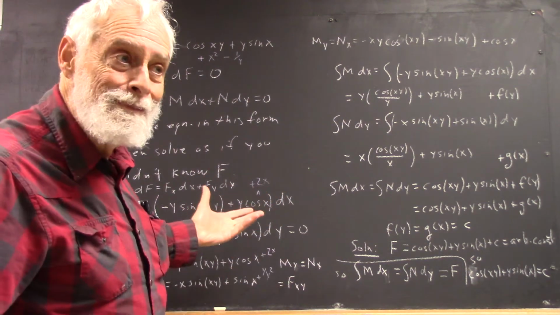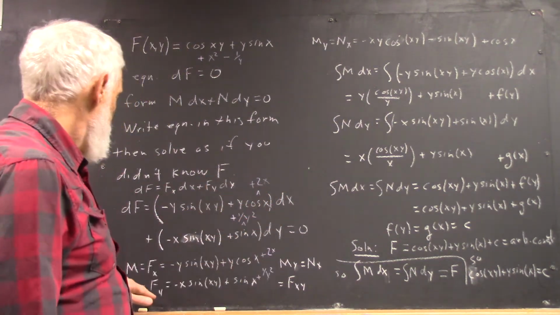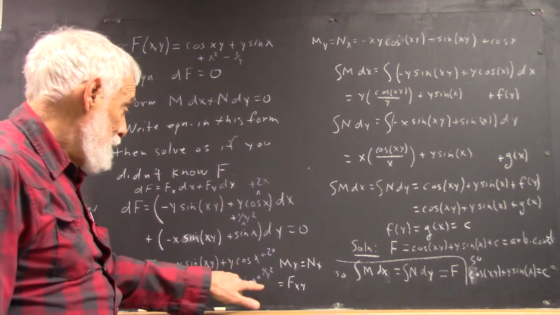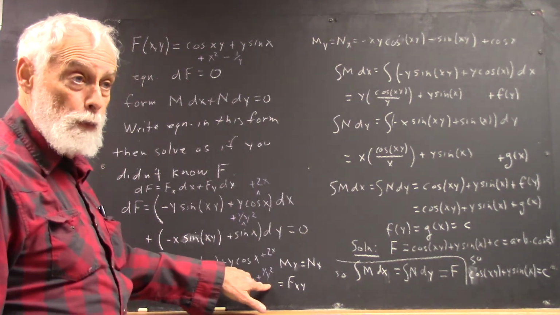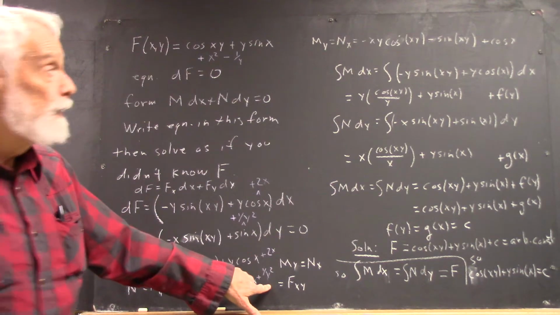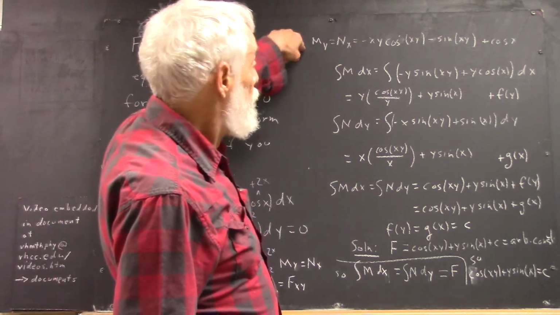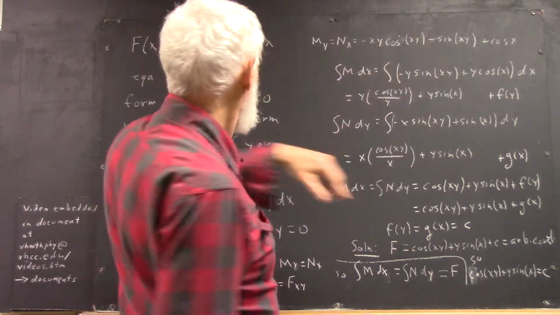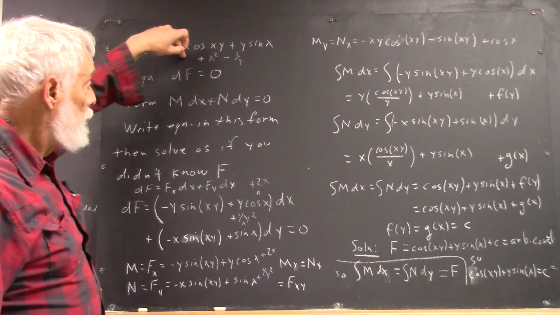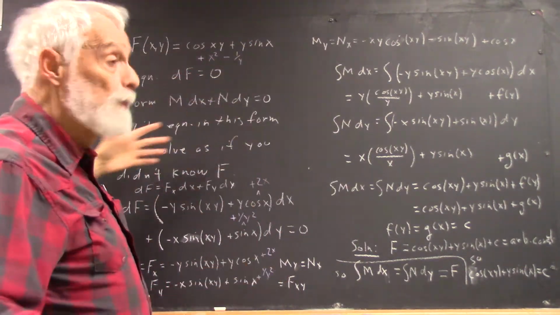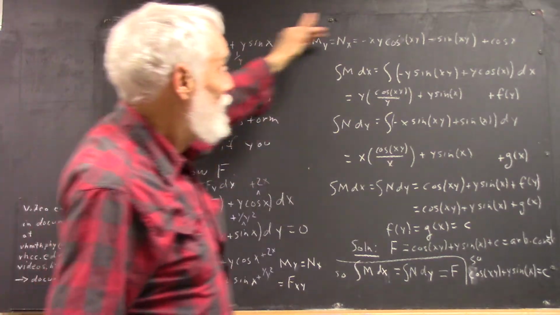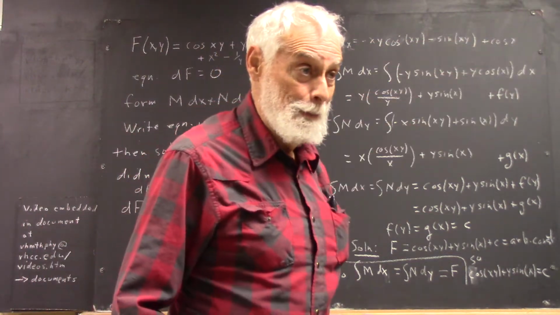It disappears. And similarly, if we do N_x, the derivative of 1 over y squared with respect to x is 0, so it disappears. So we get exactly the same thing here. So these two functions, this function of x here and this function of y here, are invisible to this test. Okay?